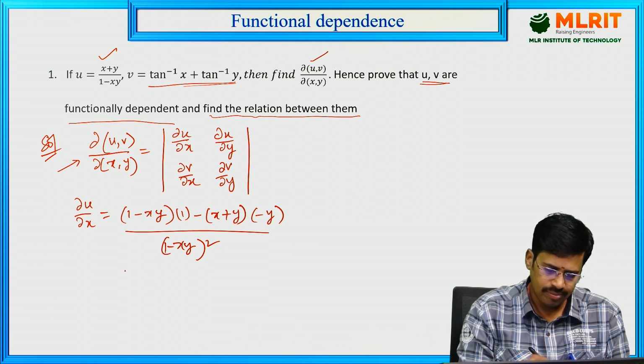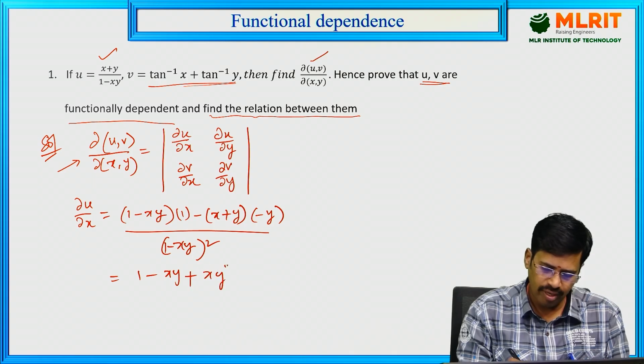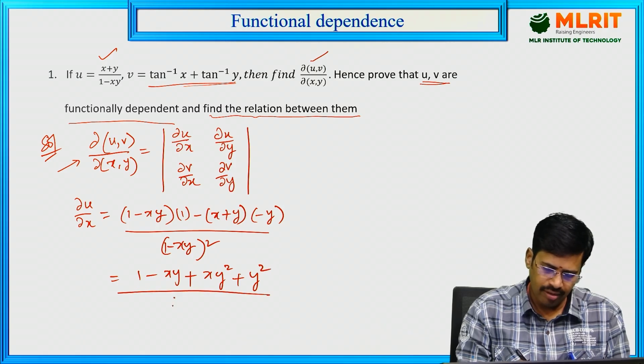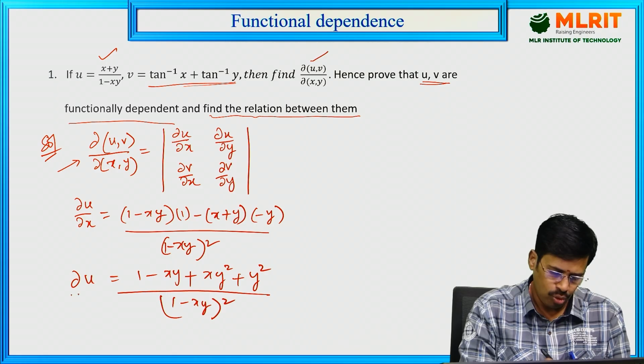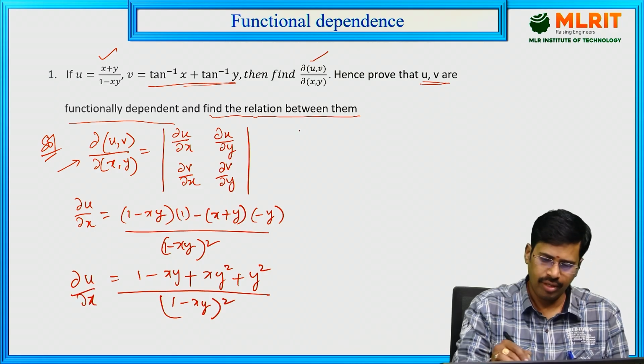So this is 1 minus xy plus xy plus y square divided by (1 minus xy) whole square. This is dou u by dou x, right?